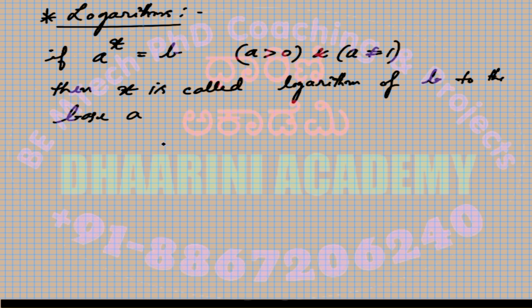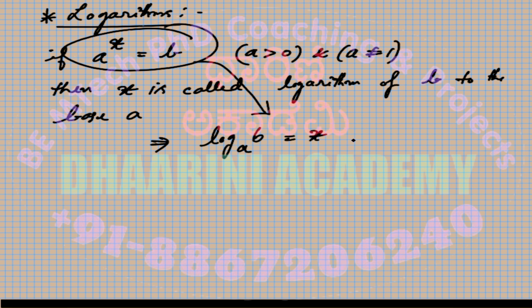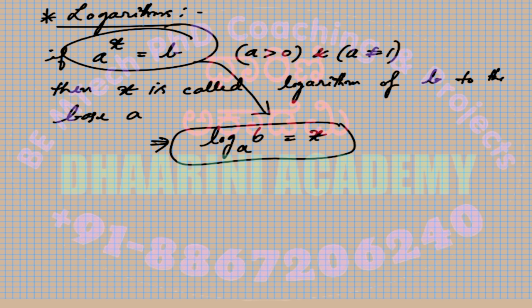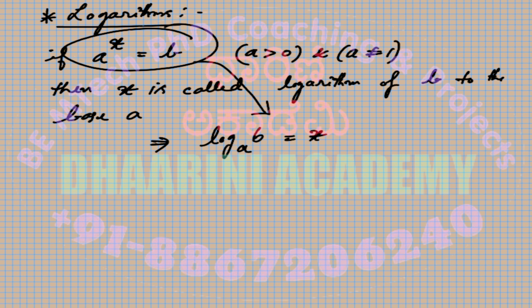So we can write this as log of b to the base a equal to x. Whenever I see it like this, it can also be written in this fashion. So you see, we bring a term called log, that is log of b to the base a equal to x.